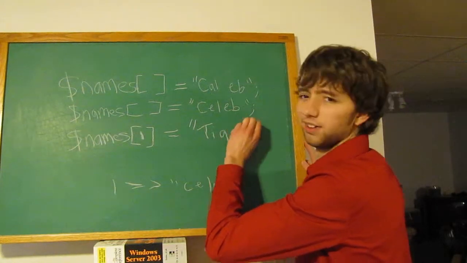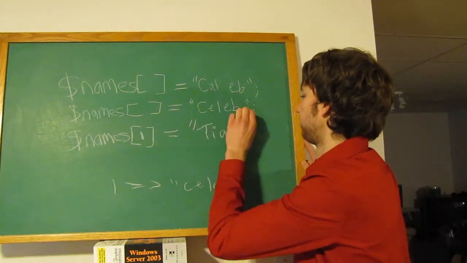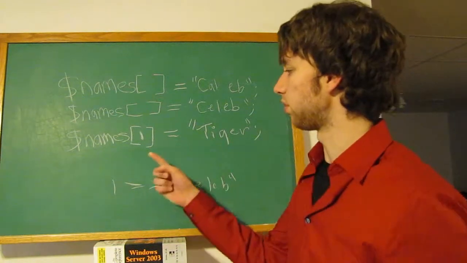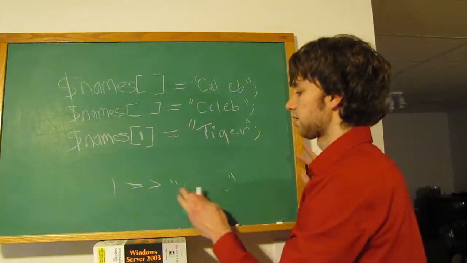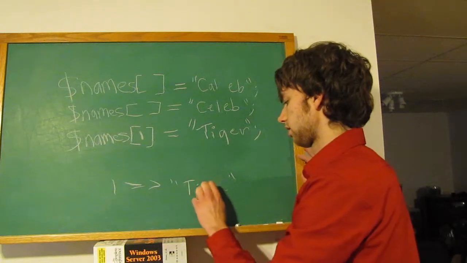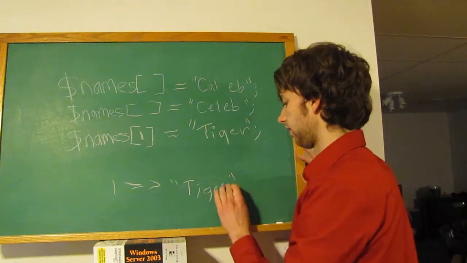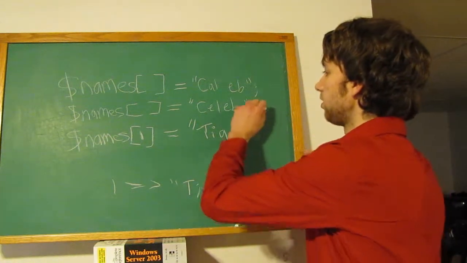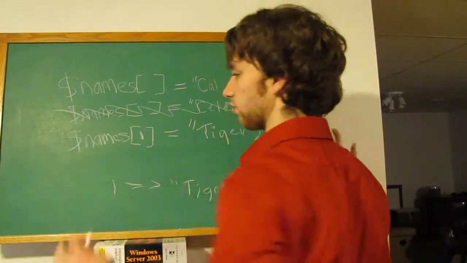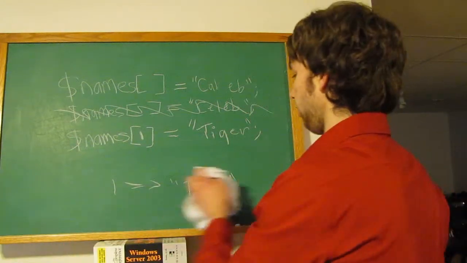I couldn't think of anything. So now this 1 is overridden and it now points to tiger. That means this value here no longer exists. It is overridden. Hopefully that makes sense.